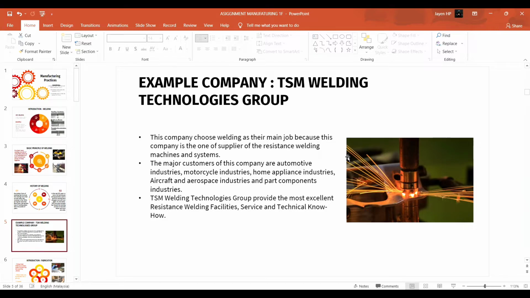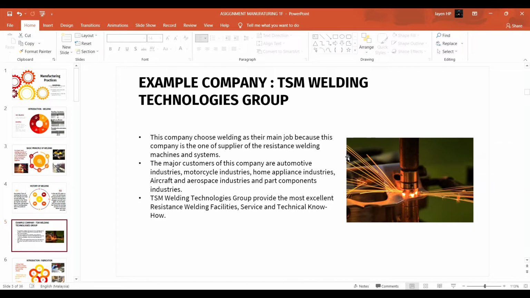Next, I want to explain about the example companies. For welding, we take TSM Welding Technologies Group. This company chose welding as their main job because it is one of the suppliers of resistance welding machines and systems.